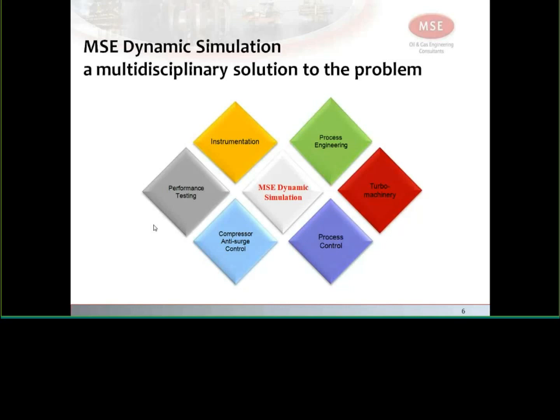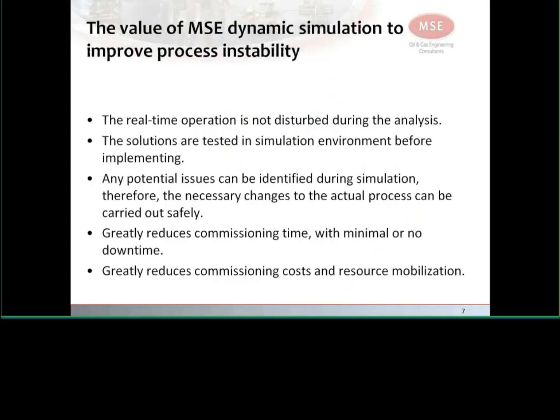And the benefit that will come from following this approach in a simulation environment is that your real-time operation is not disturbed during the analysis phase. The solutions are tested in the simulation environment before implementation, and therefore you can test different options, and you don't have to suffer any upset to the system and maybe trip the process.